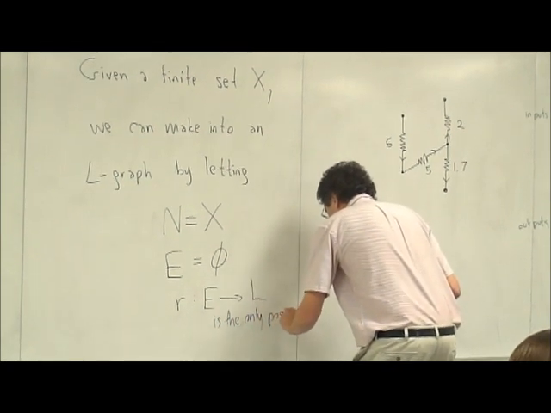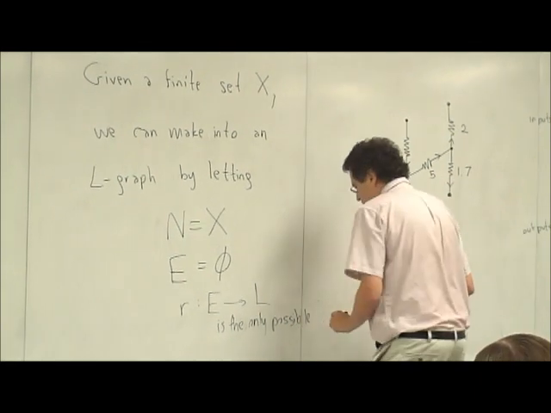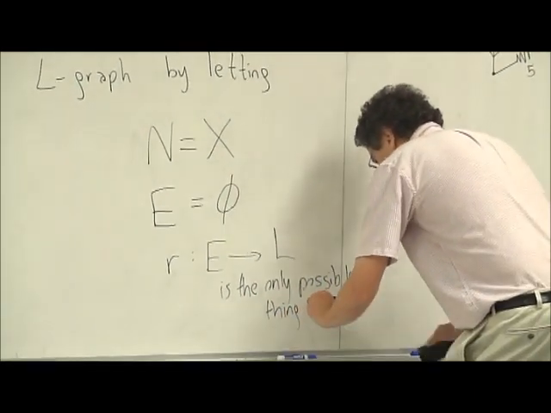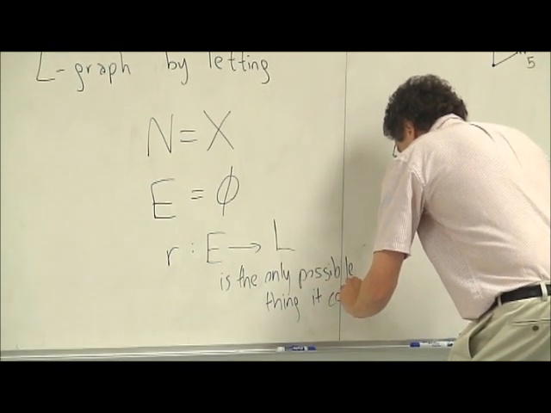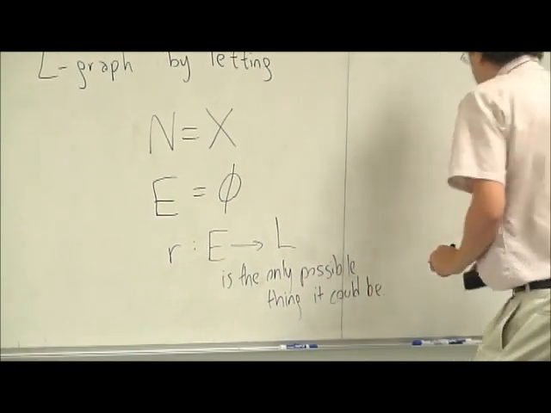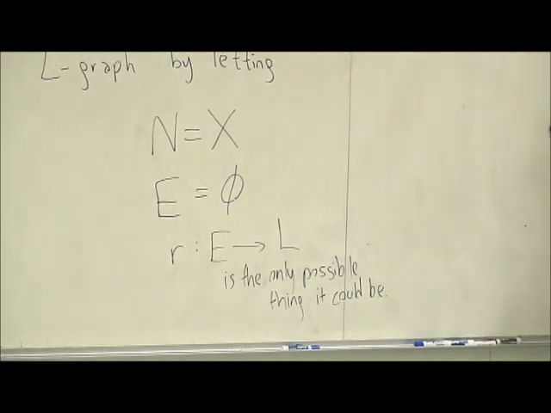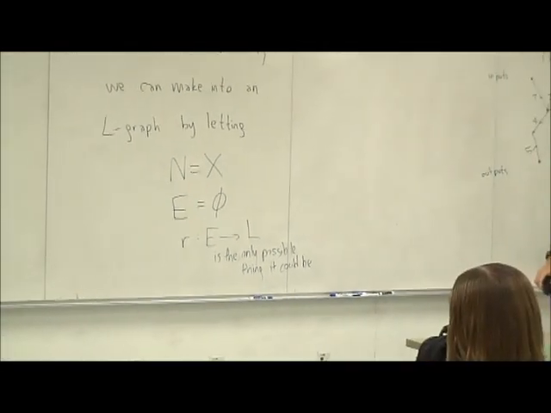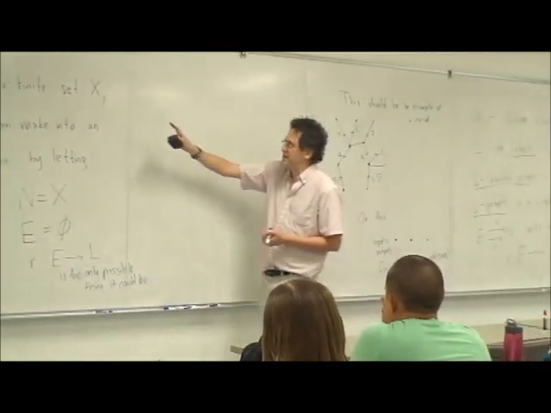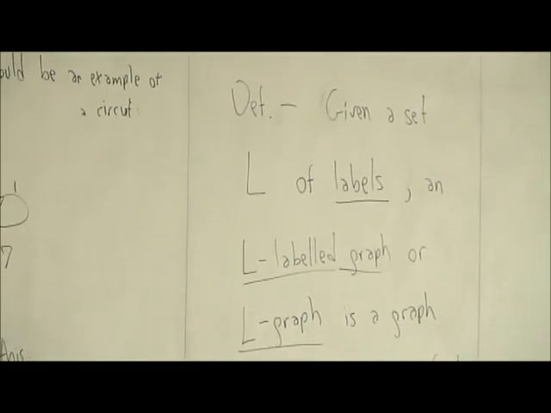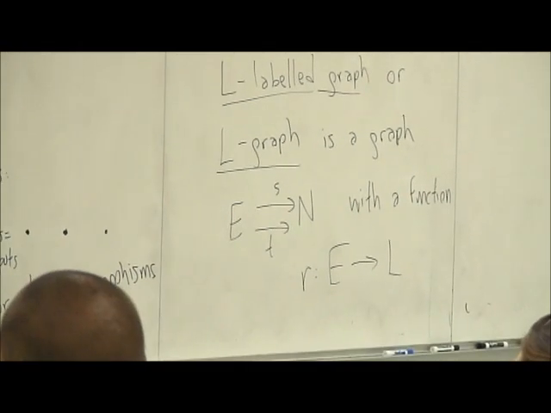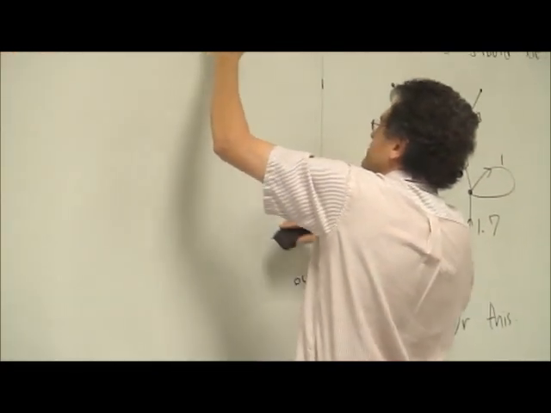So any finite set gives you a really silly L graph, very degenerate, but useful. And so in this situation, I'll just use the name X for this L graph, X for short.